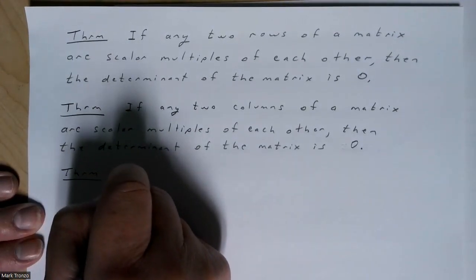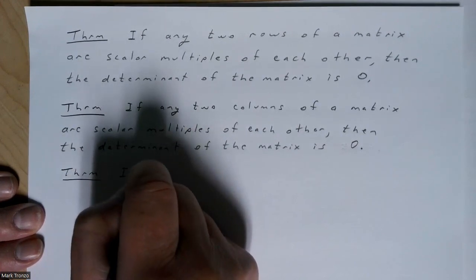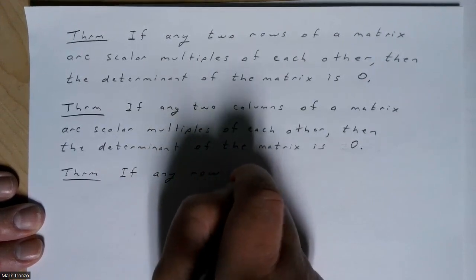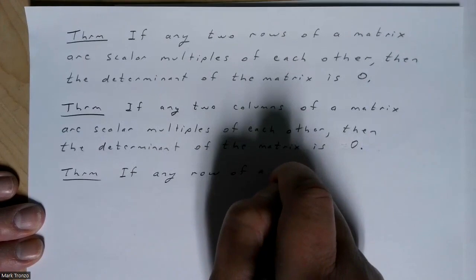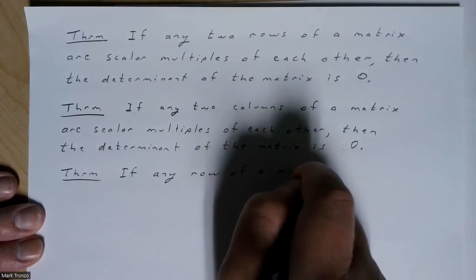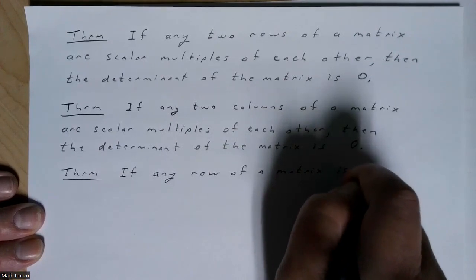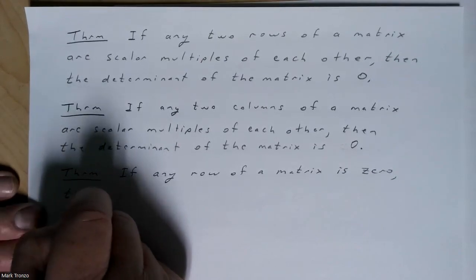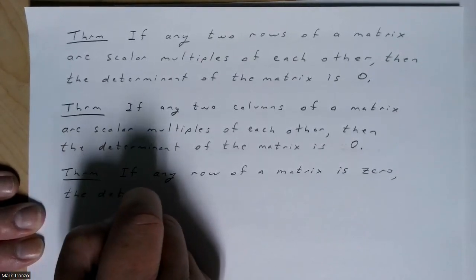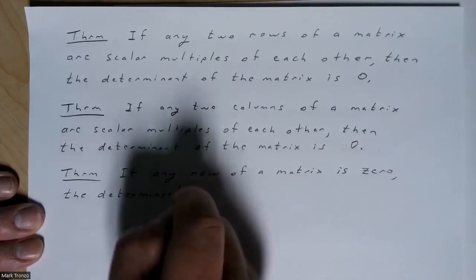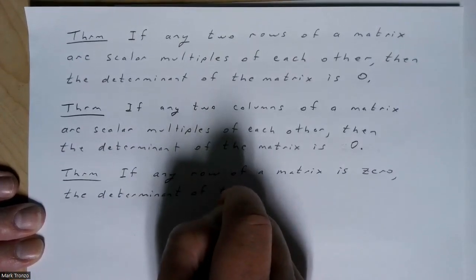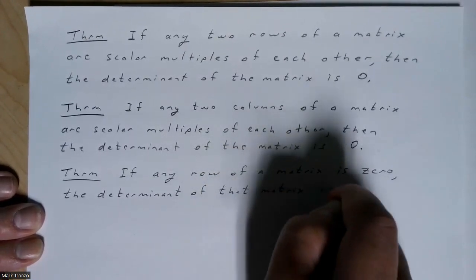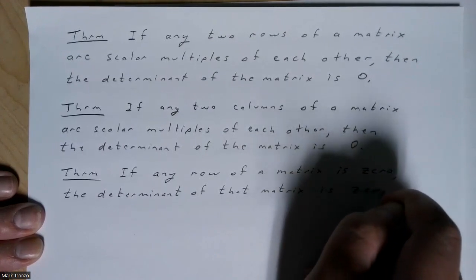So if any row of a square matrix is 0, the determinant of that matrix is 0.